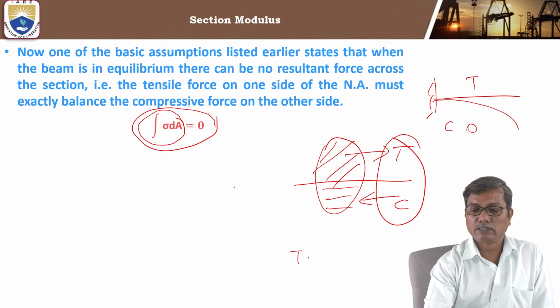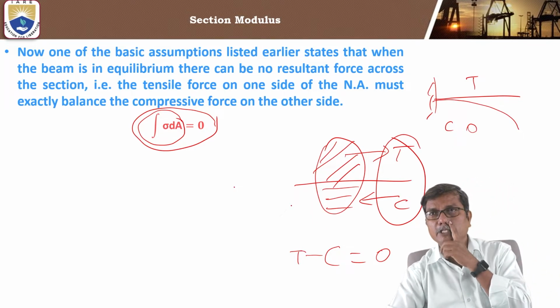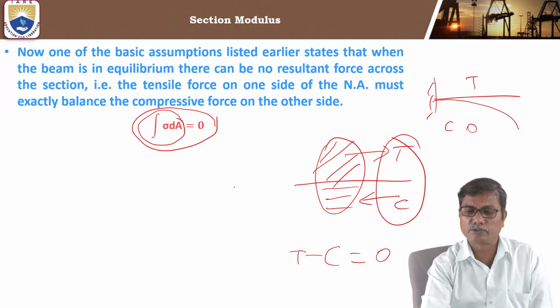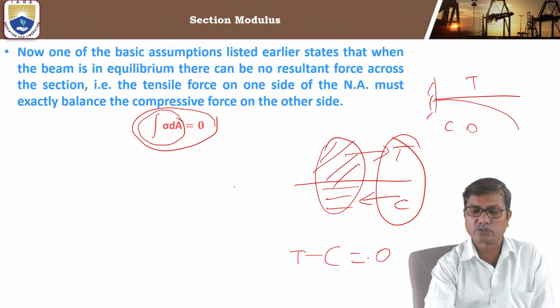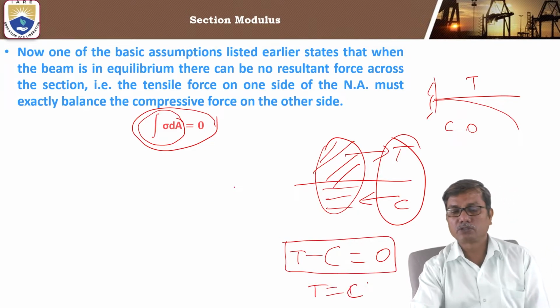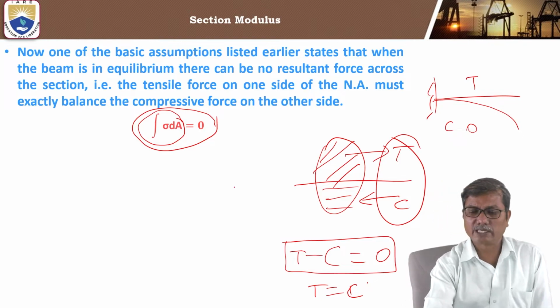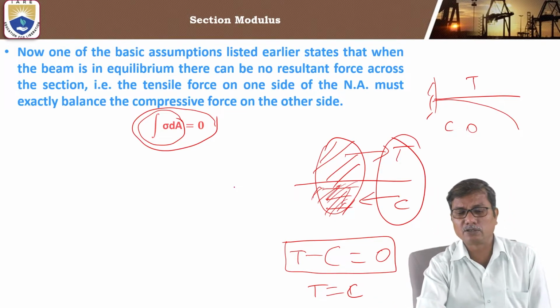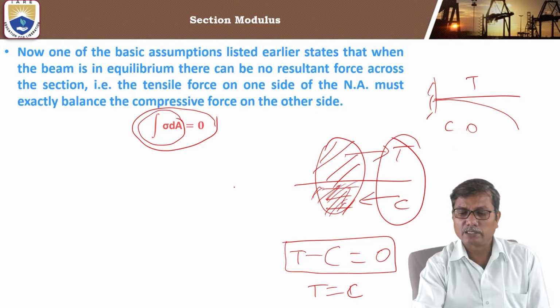T minus C is equal to 0, minus C because it is in the opposite direction. The compressive force is in the opposite direction to that of the tensile force. So the net force must be 0, or T must be equal to C. So the total compressive force acting on the area below the neutral axis must be equal to the total tensile force acting on the area above the neutral axis.